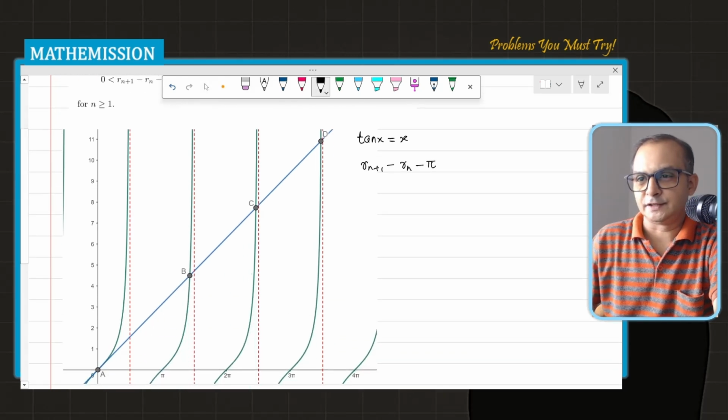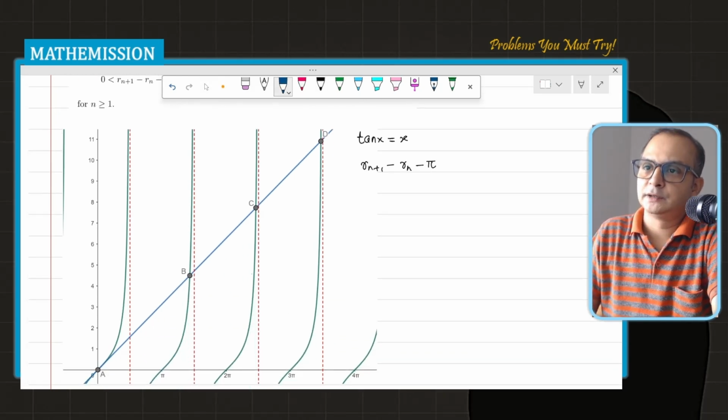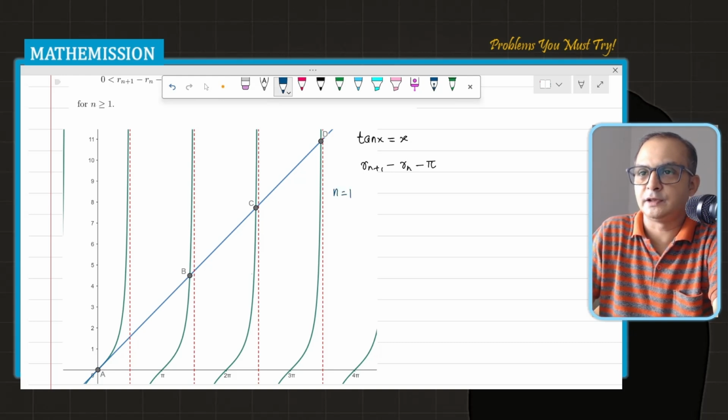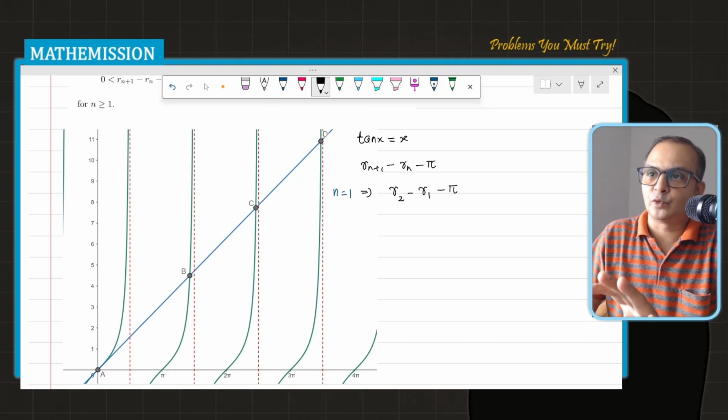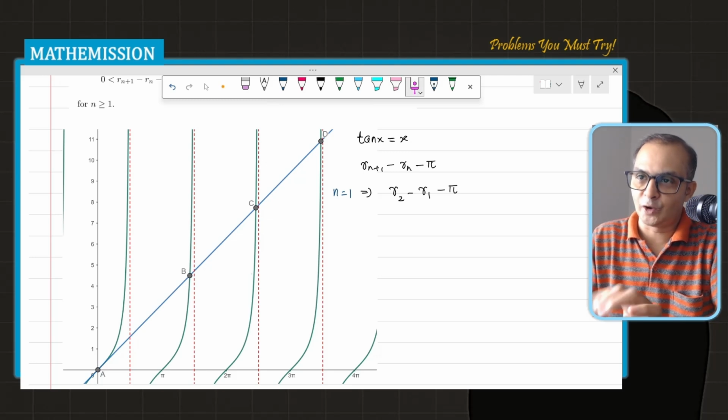What is the meaning of this thing? Suppose I plug n is equal to 1 there in this expression. What I'm achieving? I'm getting this R2 minus R1 minus pi. Let's first understand what this expression means to us, or what this expression geometrically indicating something or not.